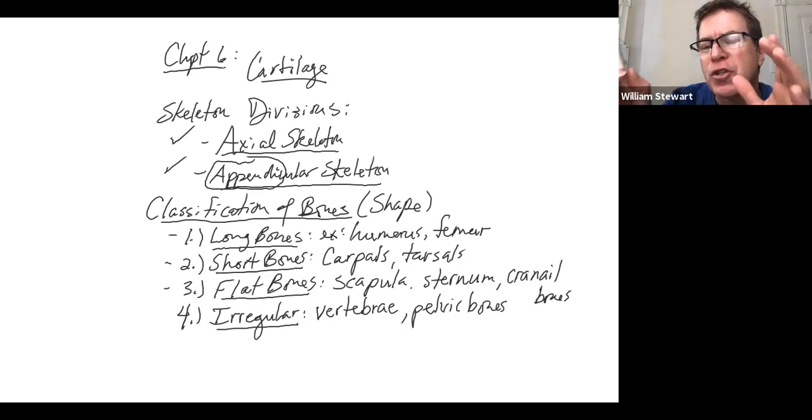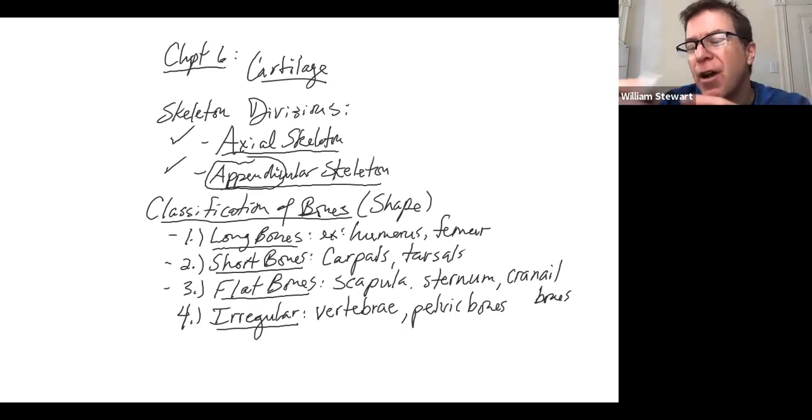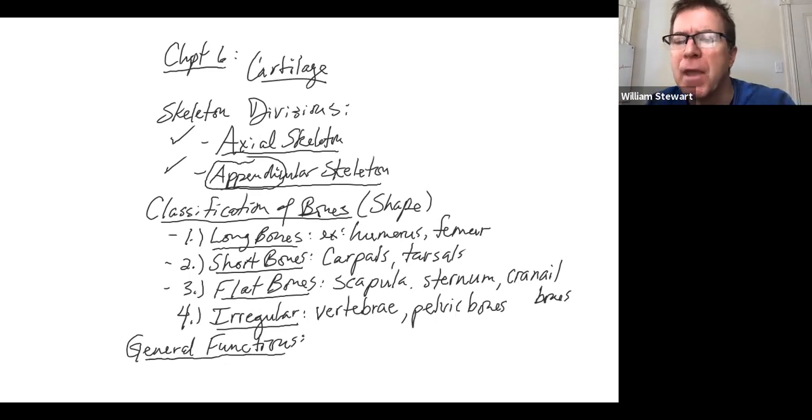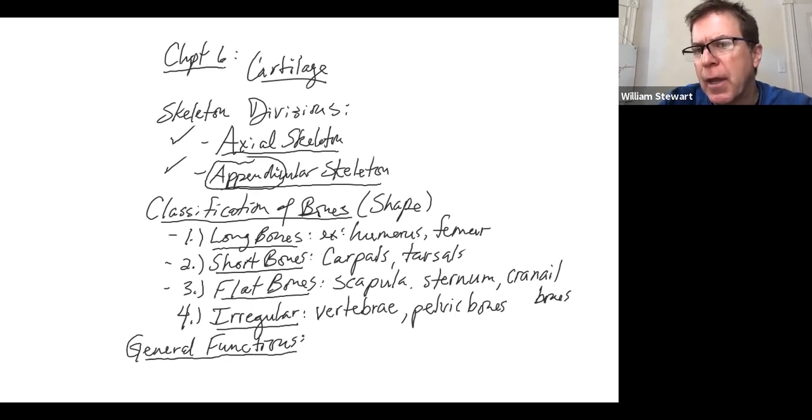Now I'm going to go over general functions of the whole skeletal system. So as an organ system, we're looking at the major functions of the skeletal system. I'm going to quickly scroll to another page so that I have room to write all of these out.